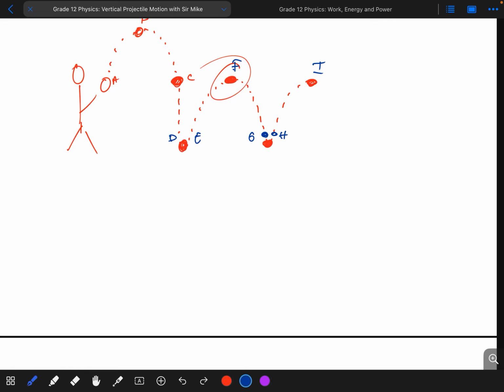Remember we said we're going to produce the same type of graph, but with multiple maximum points. So I'm going to draw another graph.